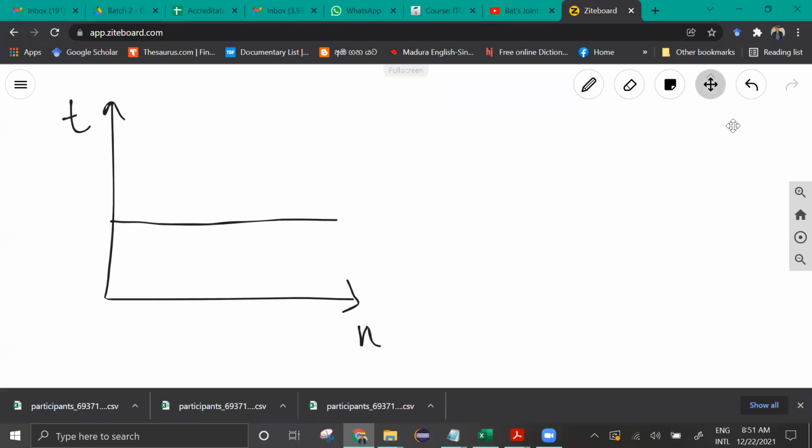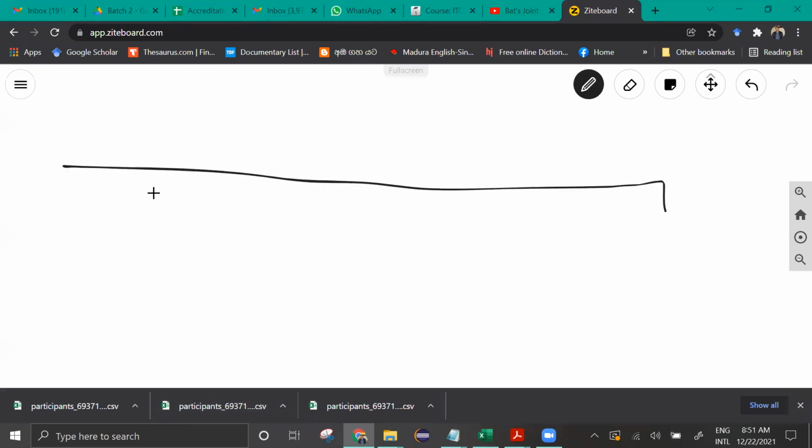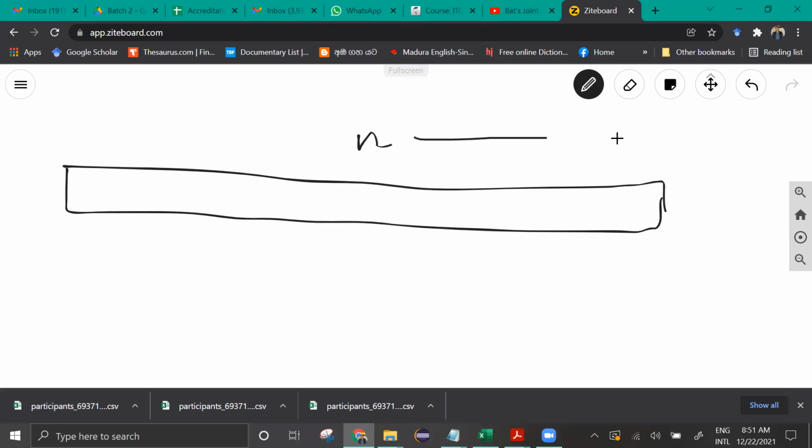So for example, if we take an array, right? Suppose the size is 8.